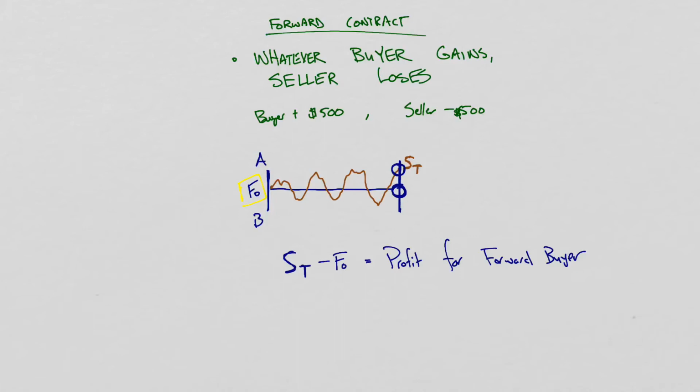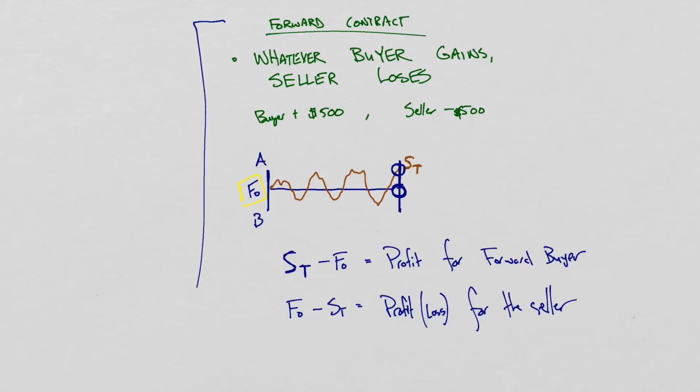And so the opposite, times -1, or just flip these back, is going to be the profit, or of course, in this case, the loss for the seller. And this is how you figure out the profit or loss for a forward contract.